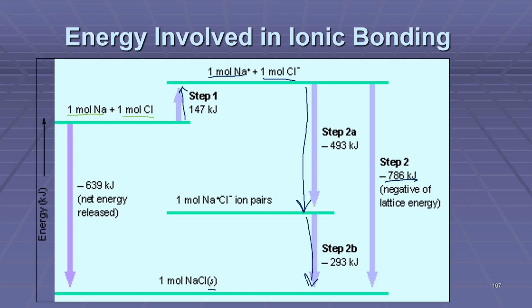So the lattice energy is how much you have to put in to break the lattice, and that much releases. So overall, the net amount released is negative 639. From the start to the finish, it releases a lot of energy, and you just had to put that little bit in to get it started. So overall, this is energetically favorable.